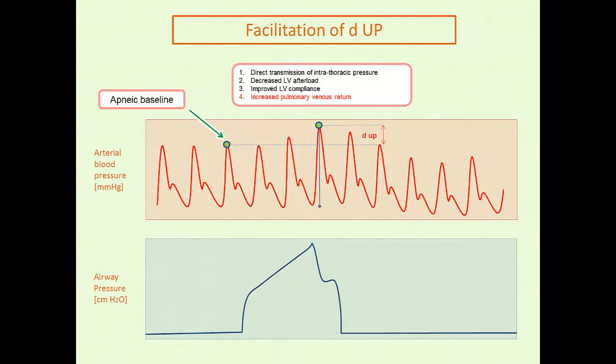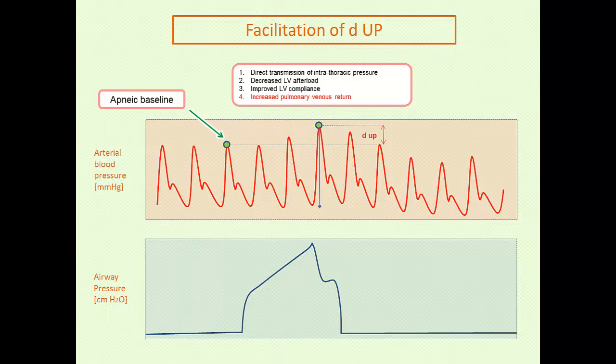Improved left ventricular compliance. If the patient were, say, in right heart failure and had a dilated right heart and received a positive pressure breath, and that caused the right heart to shrink and therefore improve left ventricular filling during inspiration, that may actually improve LV output during inspiration and therefore lead to a D-up that may be inappropriate.